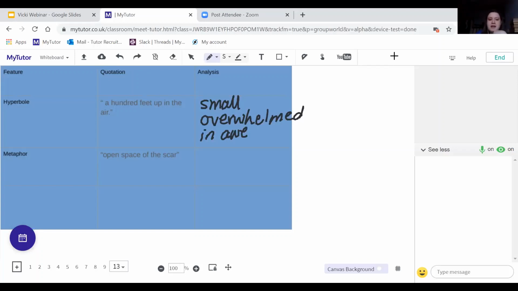Okay, and then metaphor. So open space of a scar. So we've also said we could talk about sibilants, but it's not particularly exciting. What do we think of when we think of a scar? Positive, negative? Yeah, linking to a wound, permanent damage.